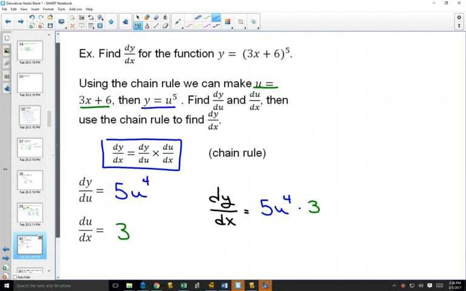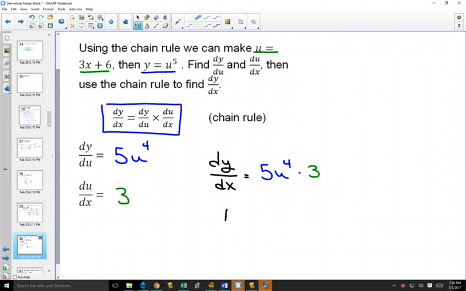If you then resubstituted back, well, 5 times 3, that's going to be 15. Instead of u, I could write 3x plus 6 to the power of 4 instead of u to the power of 4. Why don't I like this?